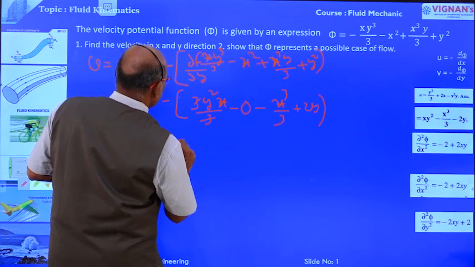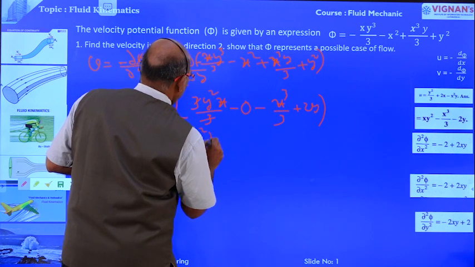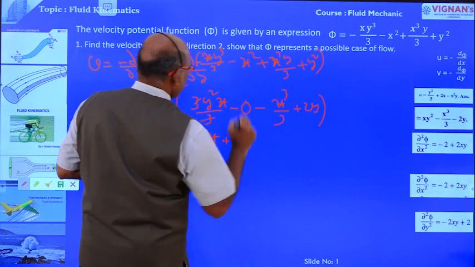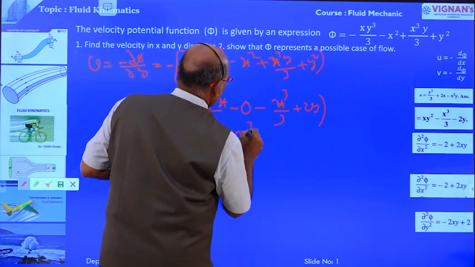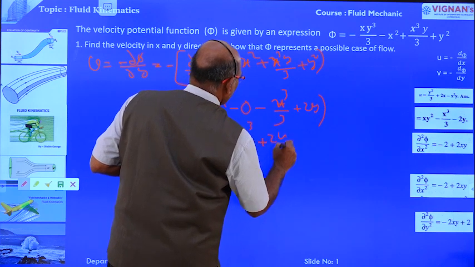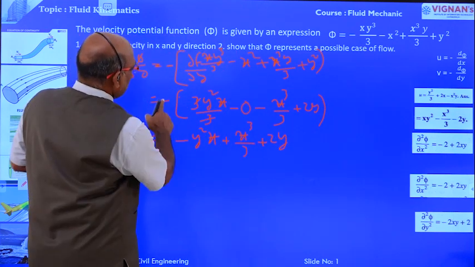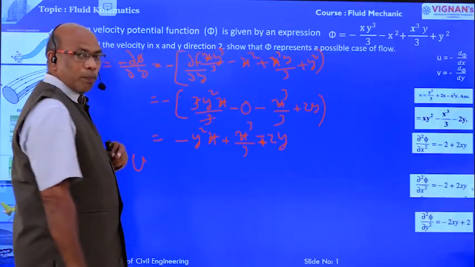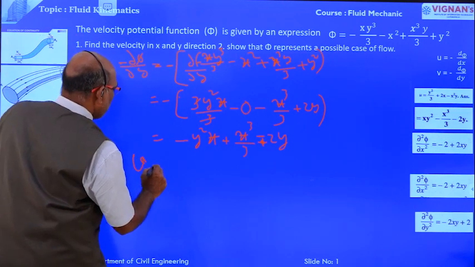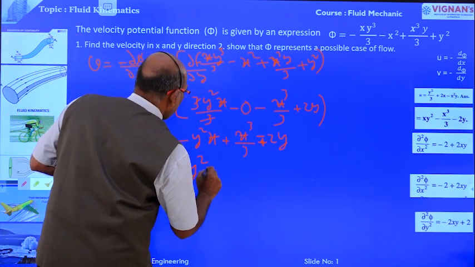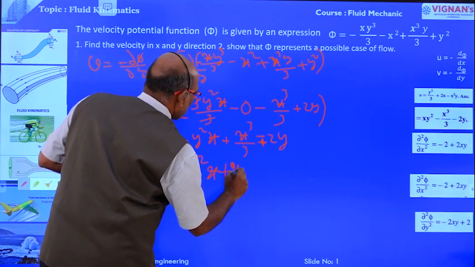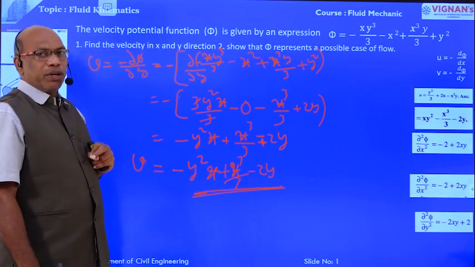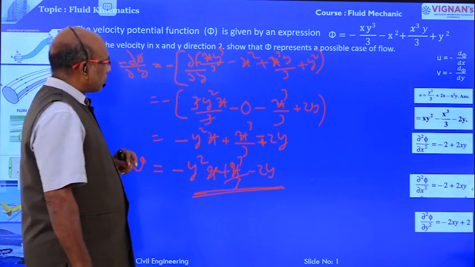Therefore the velocity component in y direction, small v, is equal to minus y square x plus x cube by 3 minus 2y. This is the velocity component in y direction, right?